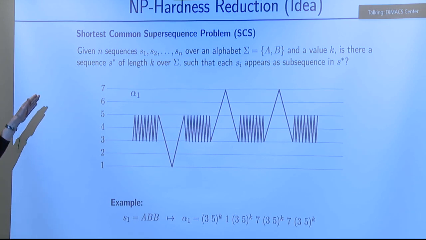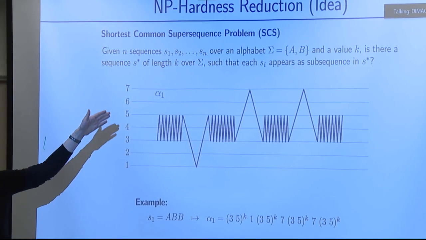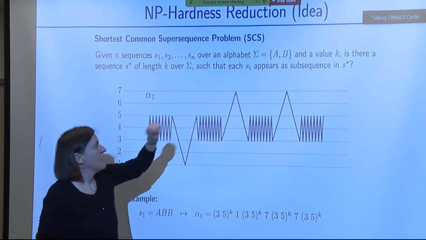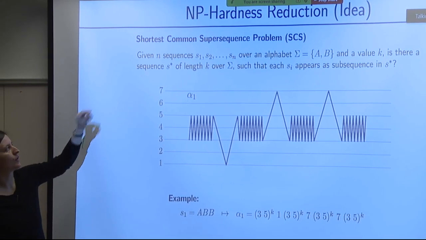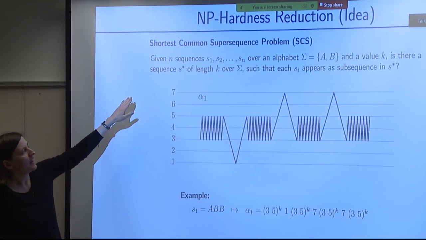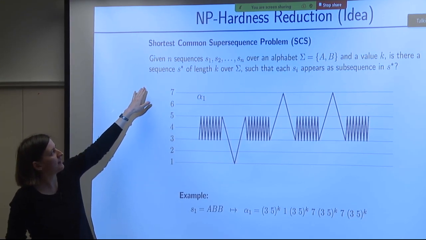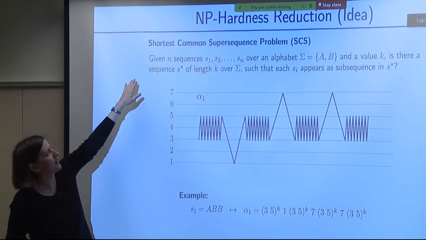So these curves are in 1D, and I look at an NP-hard problem, the shortest common supersequence problem, over a binary alphabet. And let's say I even know the value k, the length of the shortest common supersequence. So I'm looking for this common supersequence that contains all of my input sequences.